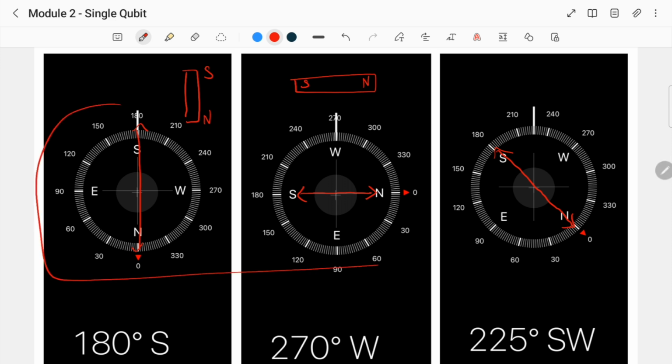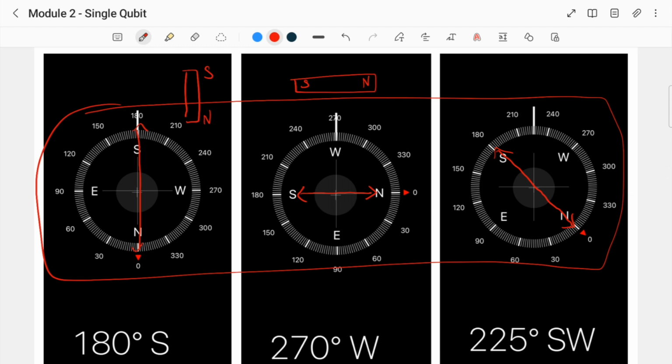It is only when we try to measure it that we turn on the earth's magnetic field, and it aligns according to these north-south positions, here or here or here. So this is a much better example of superposition.